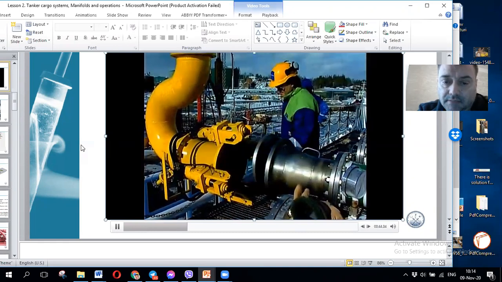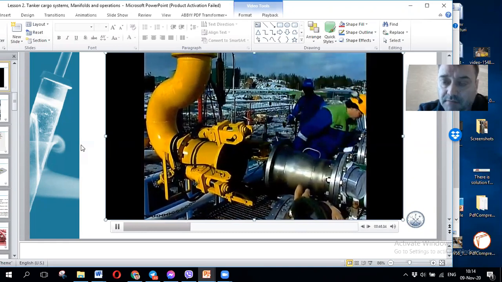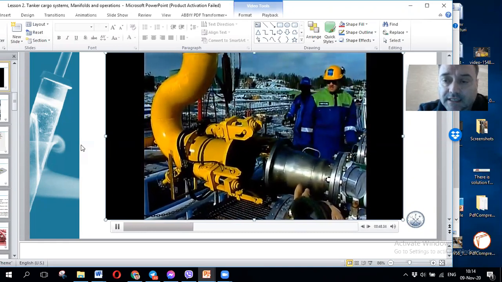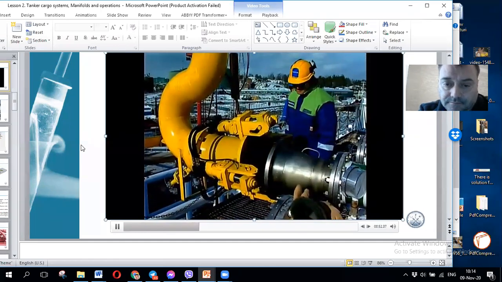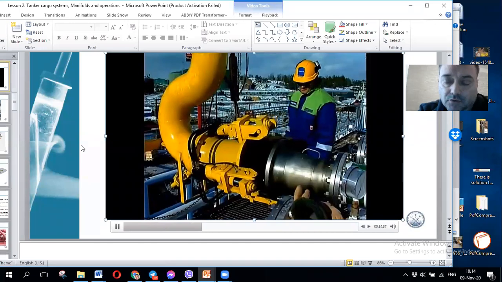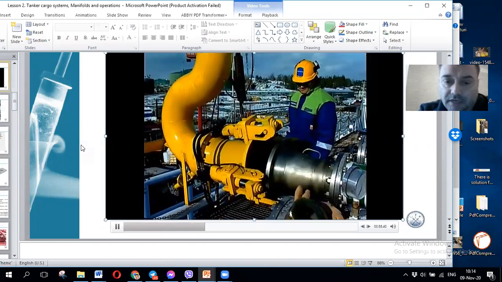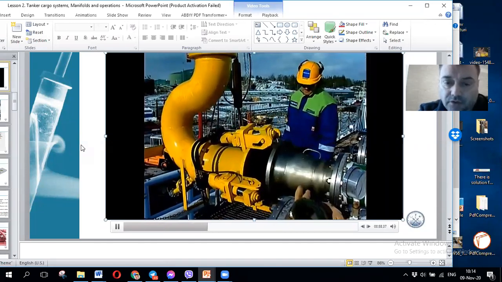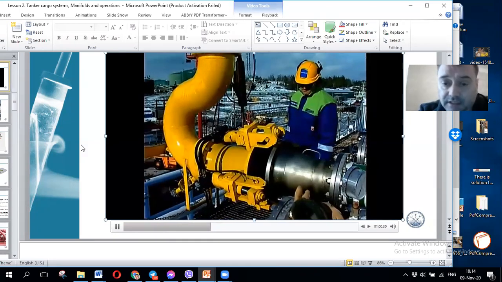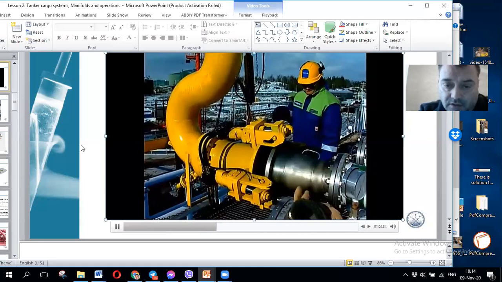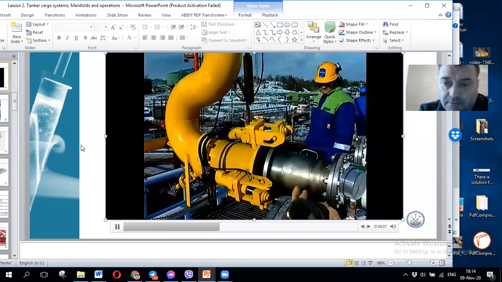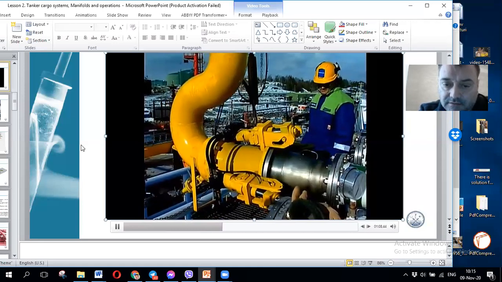So it's taking the blank flange. Remember this moment, taking the blank flange. You will use this in the simulator. You must remove the blank flange from your manifold. Then it connects hydraulically, with high pressure hydraulics.